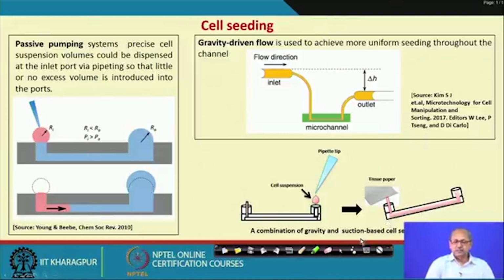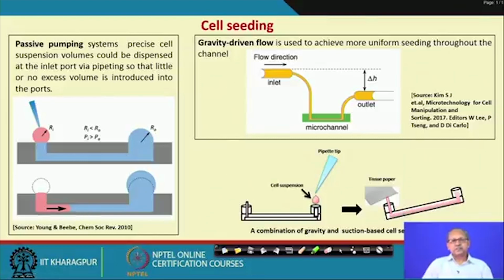The principle is the same: we drop the cell suspension, then you tilt the fluidic vessel around 30 degrees, then you put a tissue paper at the outlet so that the media will be suctioned through the tissue paper by capillary action. In that way, you can also precisely seed the cells.